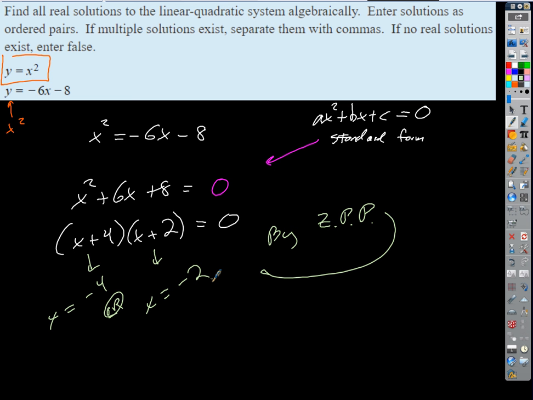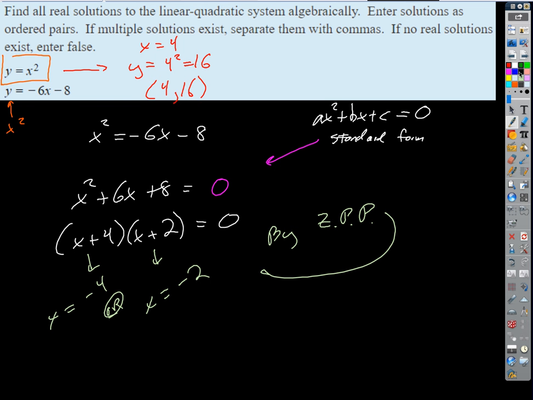Okay, so are we done? No, not exactly, right? Because we need ordered pairs. We need values of x and y. So we have to take both of those possibilities and see where they take us. So if x equals -4, we'll go back to our substitution equation and find y. What's y equal to? -4 squared is 16, so one solution is (-4, 16).